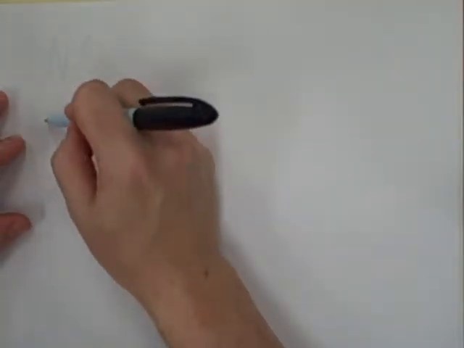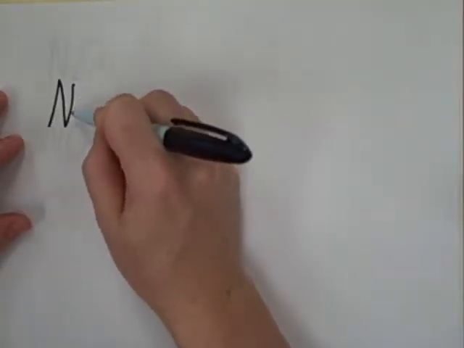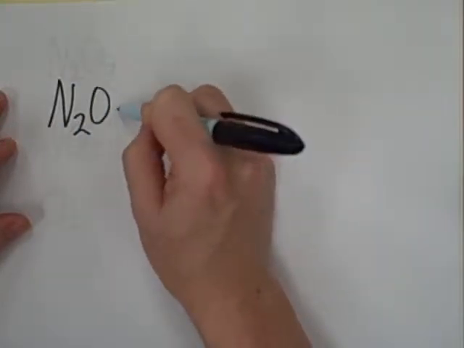Now that we have the reactants and products formulas, we can now put them in order that they need to go in the equation. You always have your reactants on the left side and your products on the right side, separated by the arrow for yields. So since dinitrogen pentoxide is our reactant, we're going to put it on the left in N2O5.